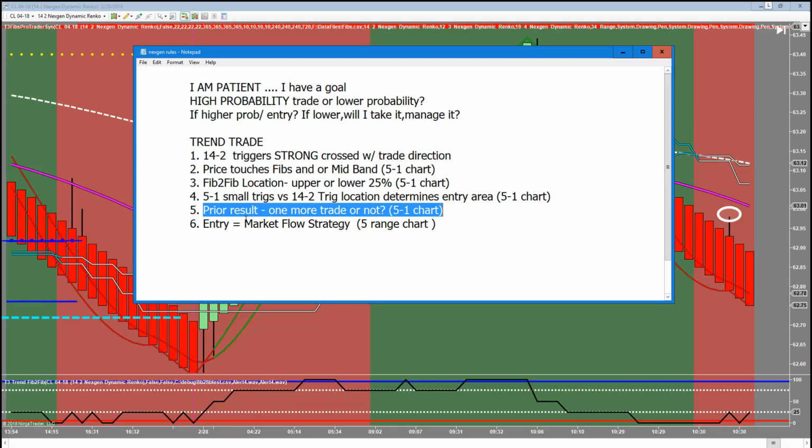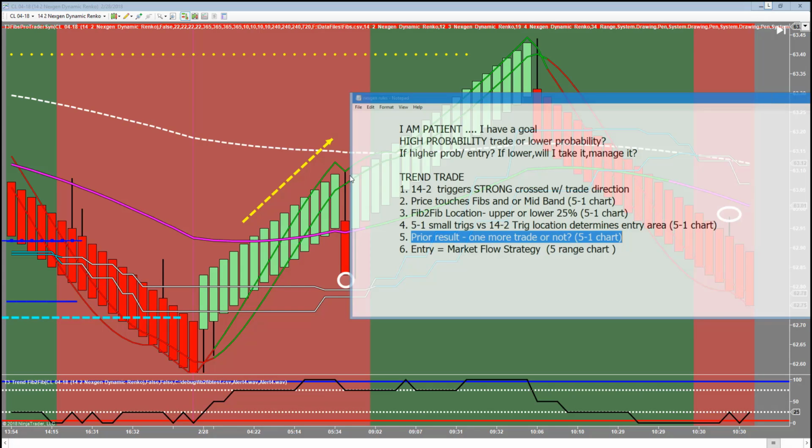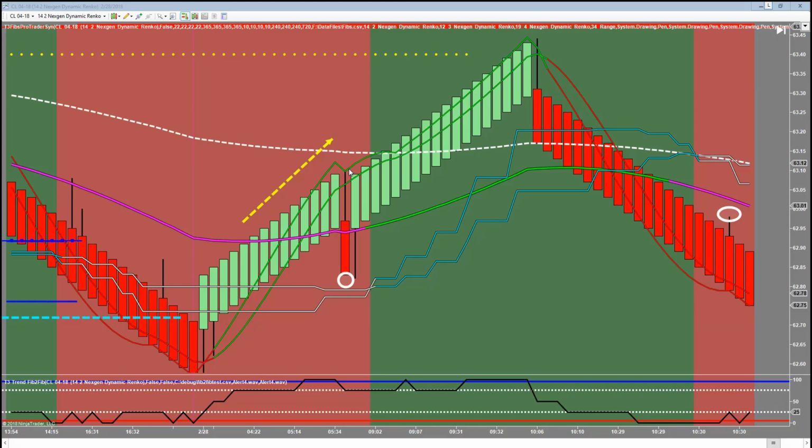We've also talked a lot about high probability looks for trend trades up or down that have very, very strong small triggers with us. So again, the strong trigger look is really the predominant number one look that we're going to look for when we're looking for trend trades on the wrong side of our synthetic triggers.